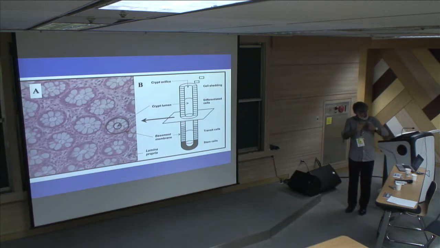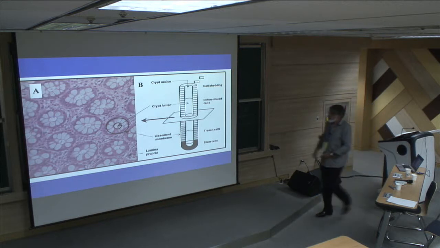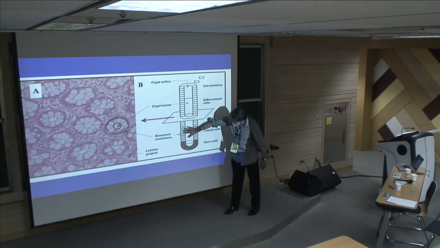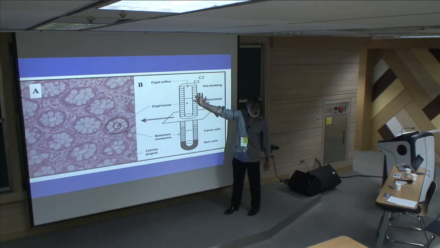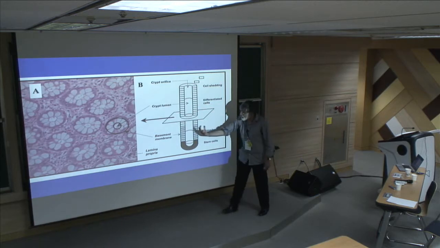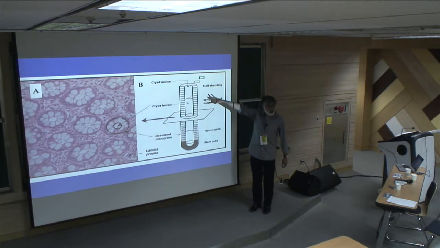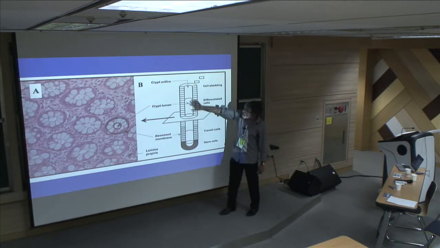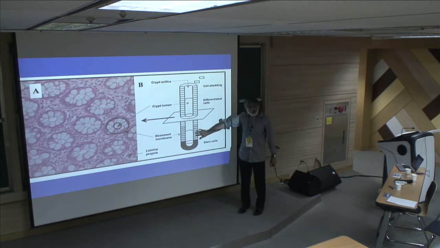And that's important because, of course, it absorbs all the nutrients. Okay? And these villi then have these crypts, and these crypts feed the villus. And this is a very bad schematic because there are a number of these crypts that feed each villus. And this is in the small intestine. In the large intestine, there's no villus, just crypts.